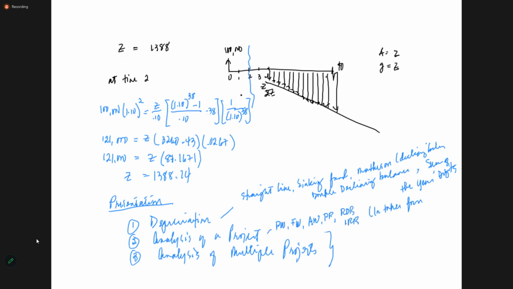Sa analysis po of multiple projects, this would cover mutually exclusive, independent, and dependent projects.